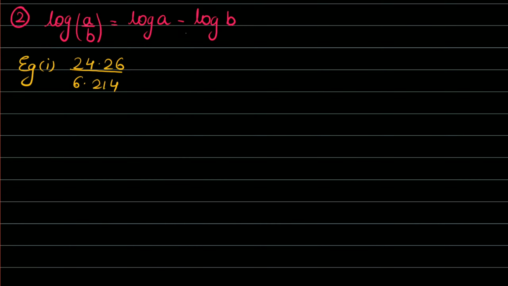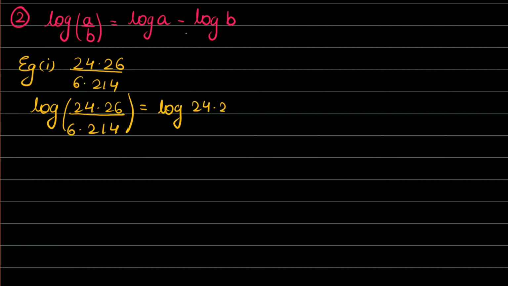Okay. Now apply log. Applying log, we get log of 24.26 divided by 6.214, which is equal to, according to the formula, log 24.26 minus log of 6.214.